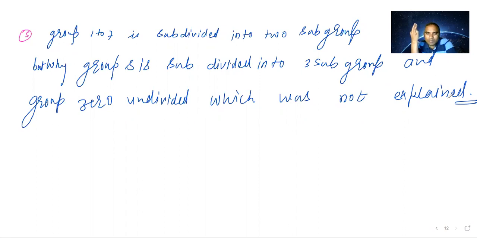Third one is Lothar Meyer model, and fourth one is Mendeleev periodic table. Right. So what we have to do is practice these things. Only then will it be helpful to you.